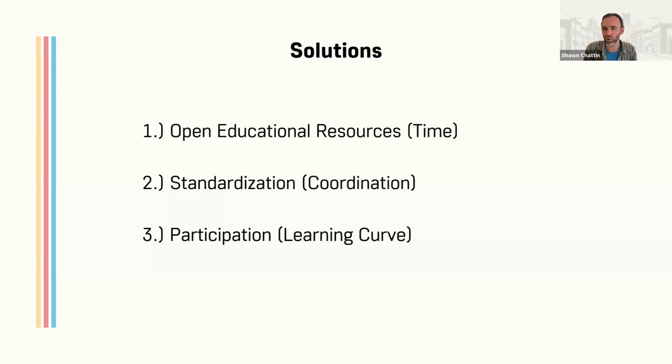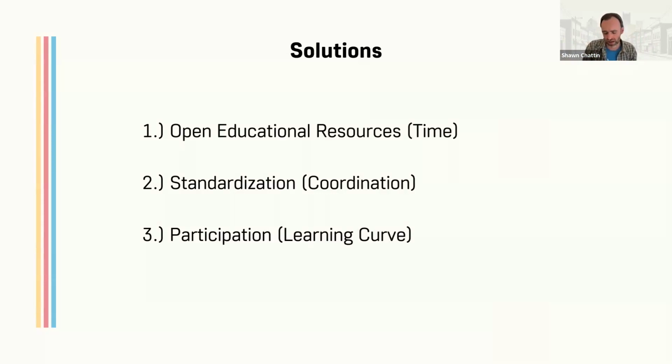And just to present some quick solutions, okay, for the time: open educational resources, right? If I can do my little part and I can make it open for anybody to use, you can use it, including some raw data where you can copy and paste it and change it from Pittsburgh to whatever your area is, making it relevant to your location and altering a few different things can save time.